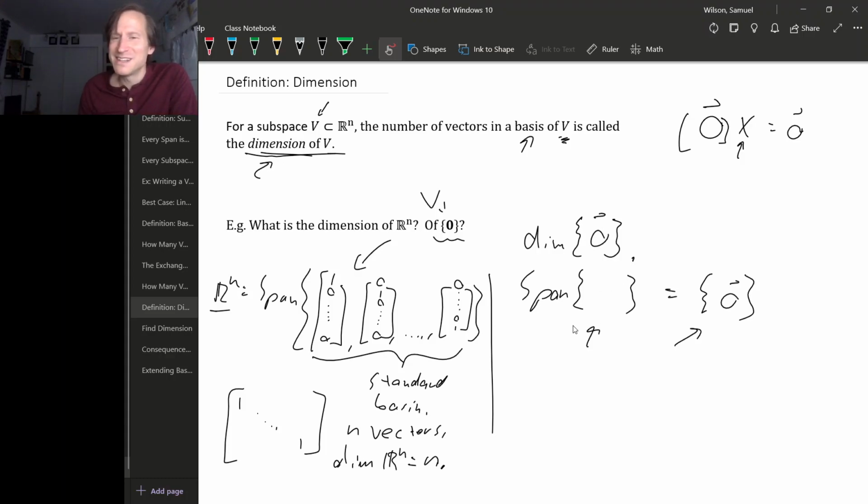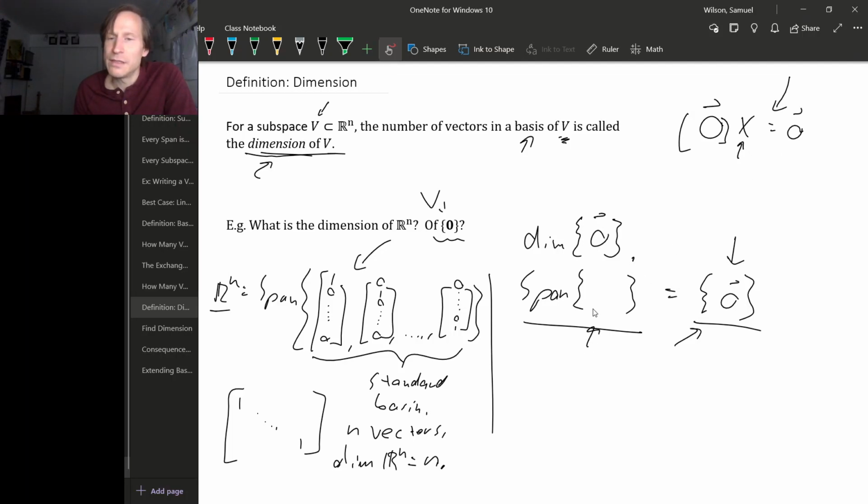But on the other hand, what is the span of no vectors at all? Well, if you take no vectors at all and multiply them by constants and add them up, you get the 0 vector. So the span of no vectors is just the 0 vector. And no vectors are linearly independent because if you have a matrix with no columns, there's no solution to this equation except the trivial solution.